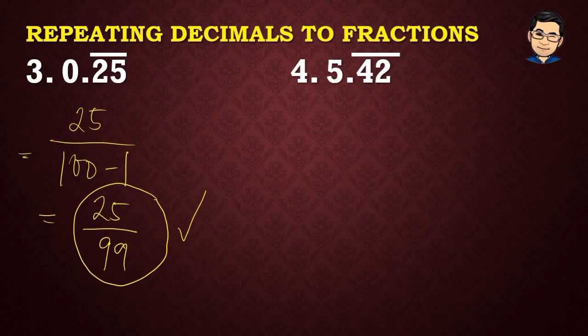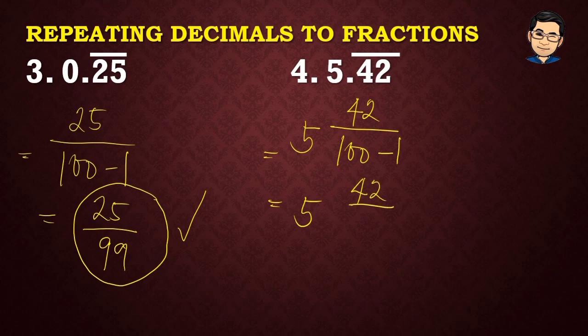Next, for our last example, 5 point and then 42 repeating. So, ang gagawin natin dito, sulat natin yung whole number na 5 and then 42 over natin sa 100 minus 1. Next, 42 over 100 minus 1, that is 99.